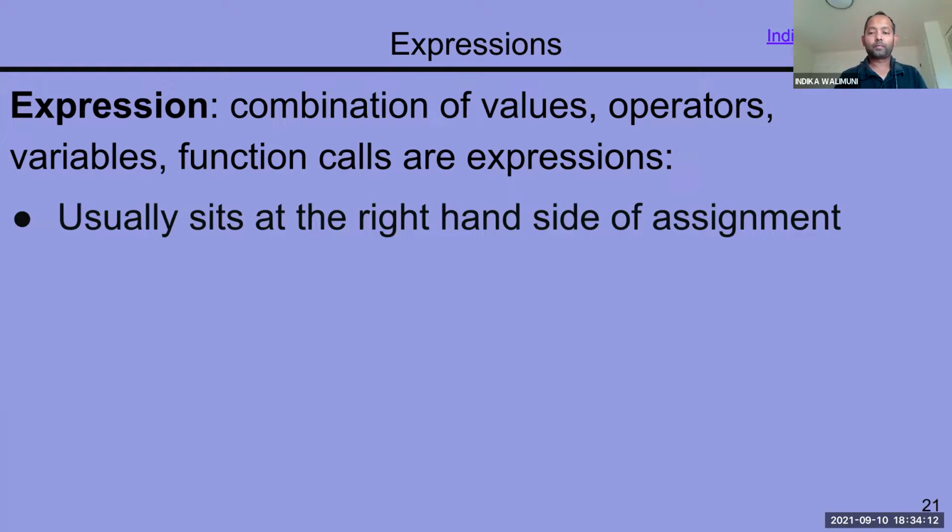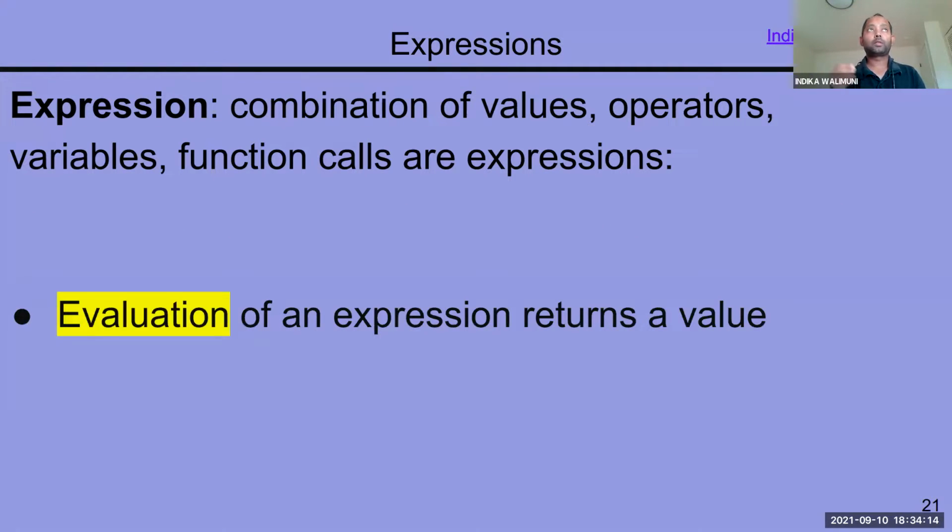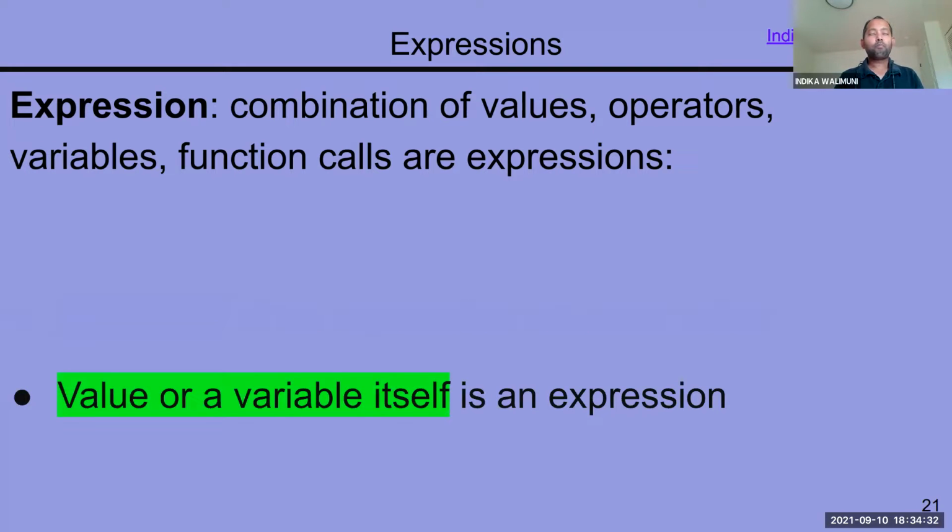Evaluation of an expression returns a value. That's the key difference between statements and expressions. A value or a variable itself is an expression, and we're going to check on those.